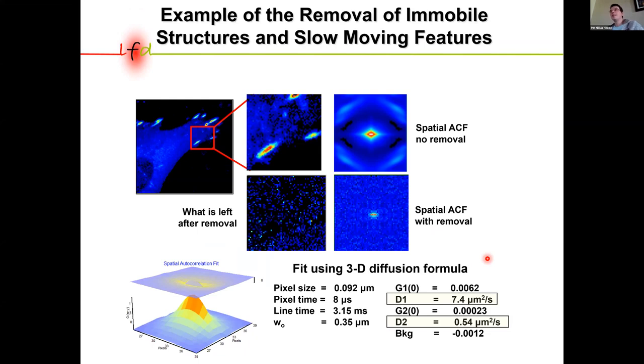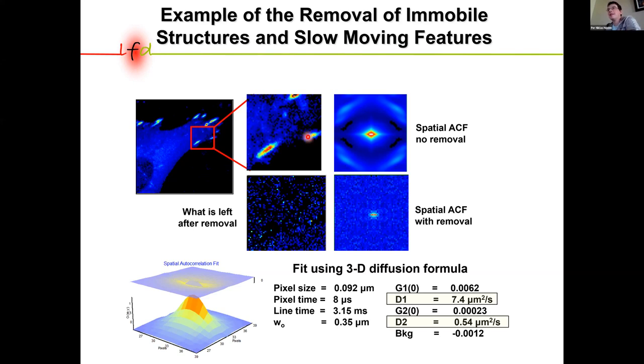Okay, here's some example of the removal of immobile structures or also slow-moving structures, which can also appear in cells. So these are focal adhesions, and RICS was analyzed in this region marked by the red square.